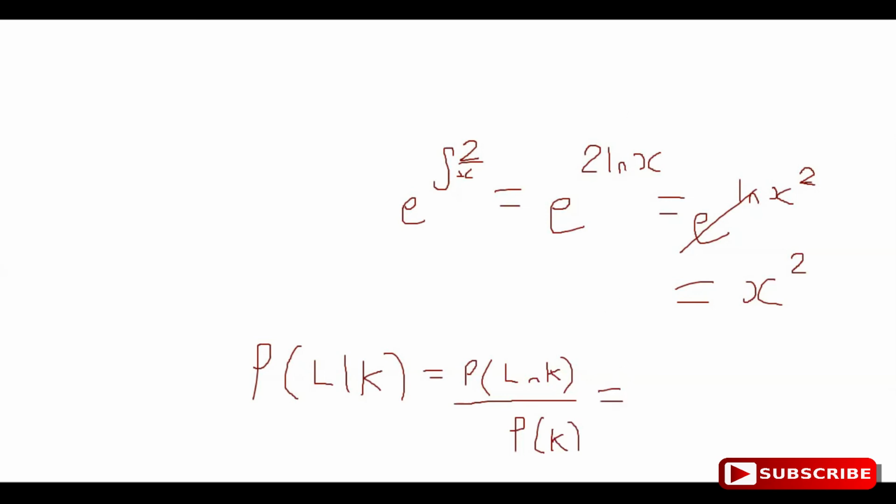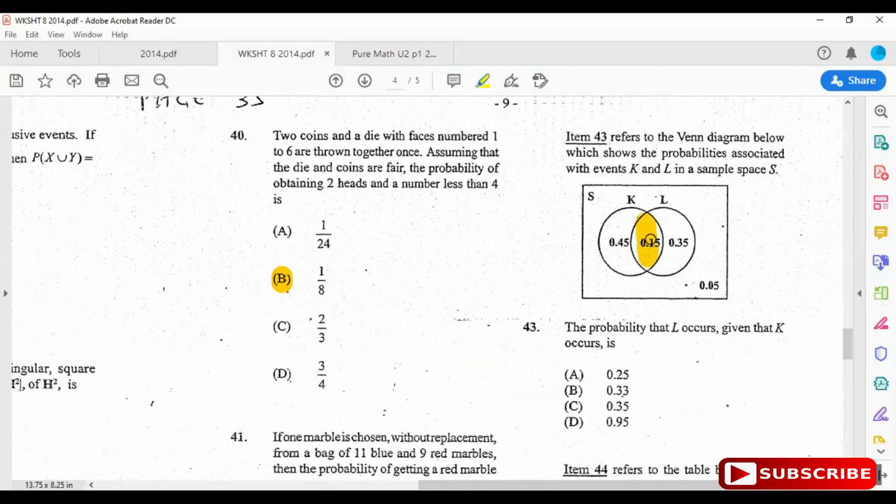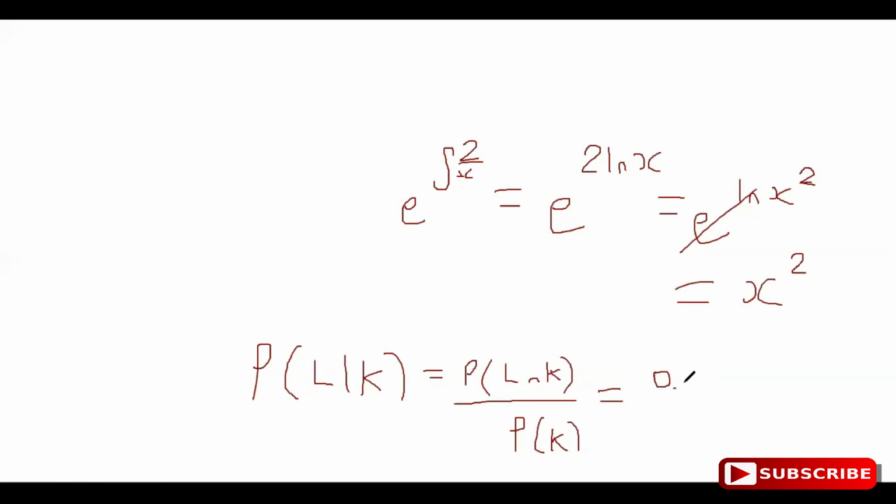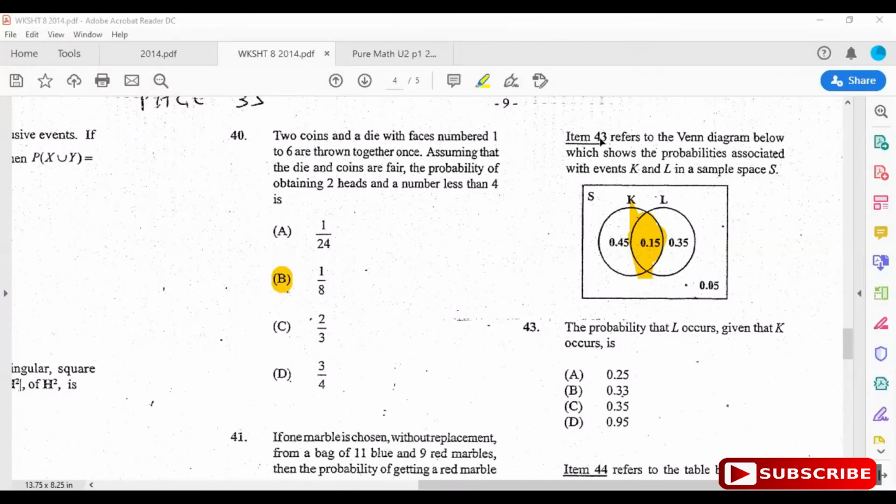So using the diagram now, the probability of L intersect K is in here, which is 0.15. Now the probability of K occurring is right here.